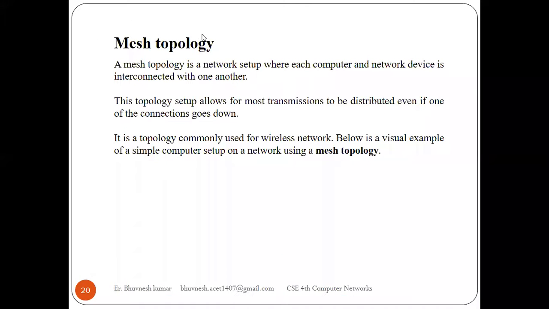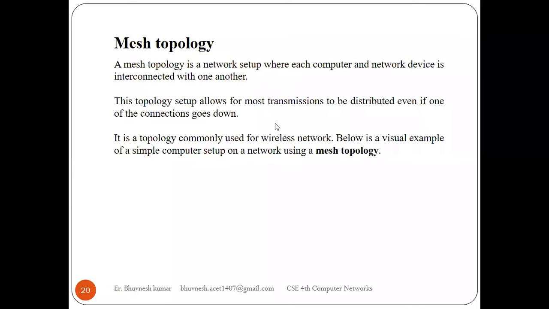Next topology is your mesh topology. A mesh topology is a network setup where each computer and network device is interconnected with one another. Each computer and network device is connected with each other. This topology setup allows most transmissions to be distributed even if one of the connections goes down.